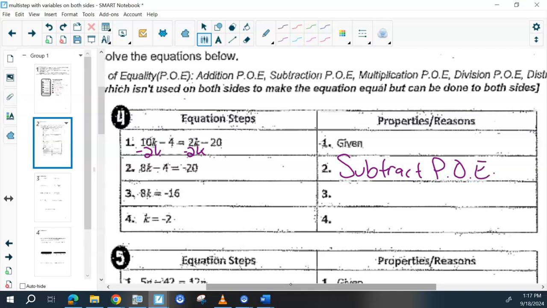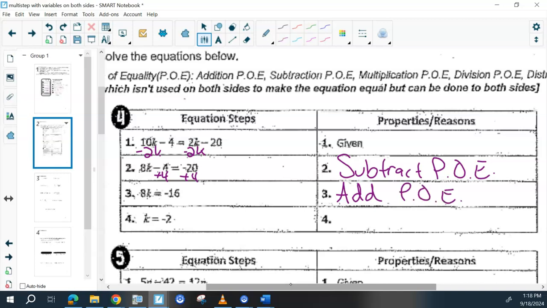And then from step 2 to step 3. Did they subtract? They added. So your addition property of equality.